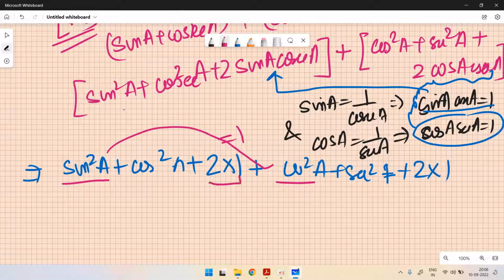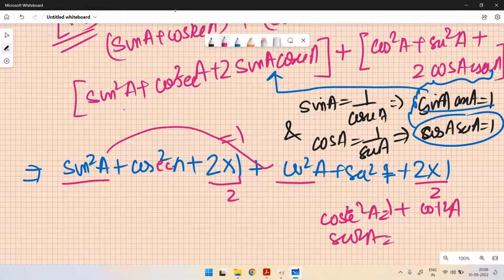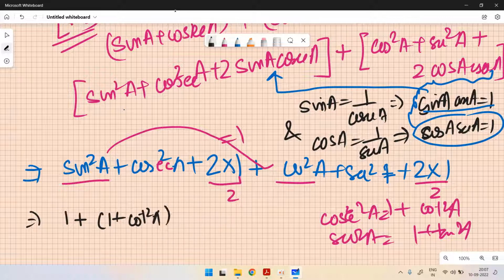This is 2 and this is 2, and you also know that cosecant square A is equal to 1 plus cot square A, and secant square A is equal to 1 plus tan square A. So substituting these values, my expression will become sine square plus cos square, which is 1, plus 1 plus cot square A, plus 2, plus 1 plus tan square A, plus 2.